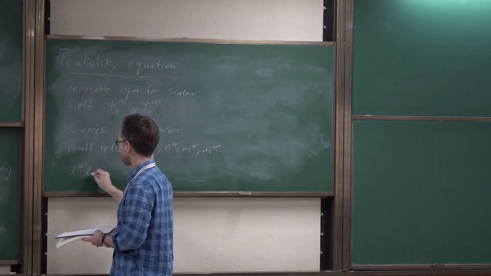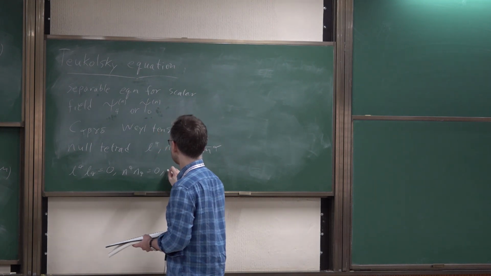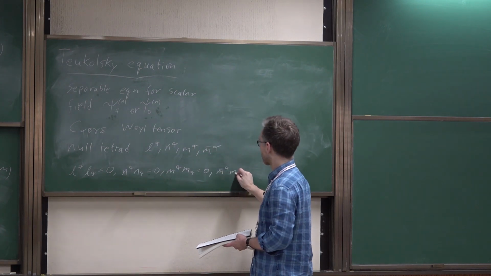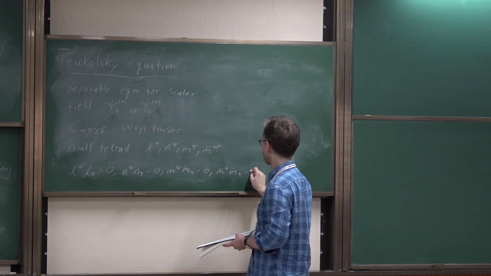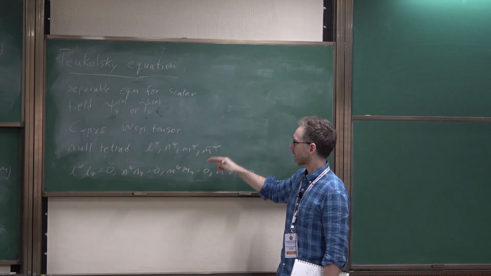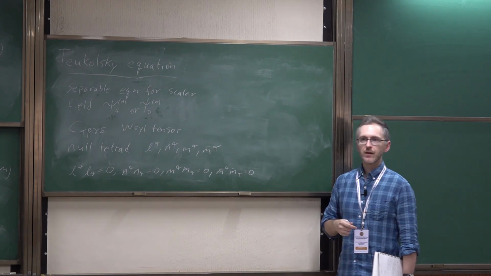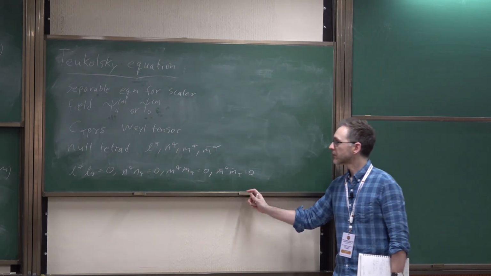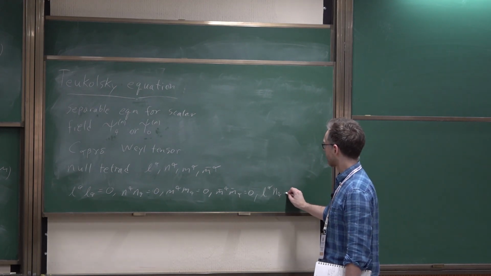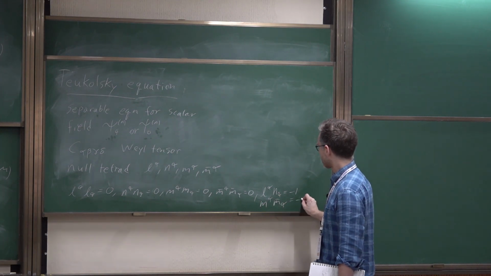So we have l^alpha l_alpha equals 0, n^alpha n_alpha equals 0, etc. They're all null. And most of them are orthogonal to each other, meaning if I contract n with m, I get 0. If I contract l with m-bar, I get 0. There's only 2 non-zero contractions, which are l^alpha n_alpha is -1, and m^alpha m-bar_alpha is +1.